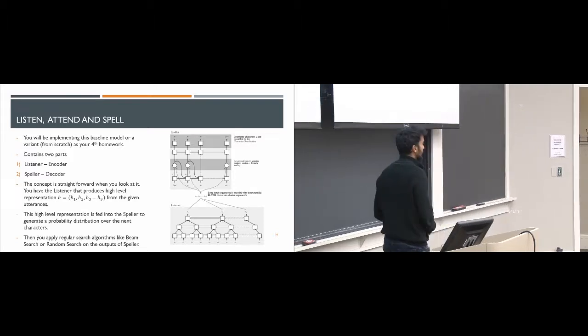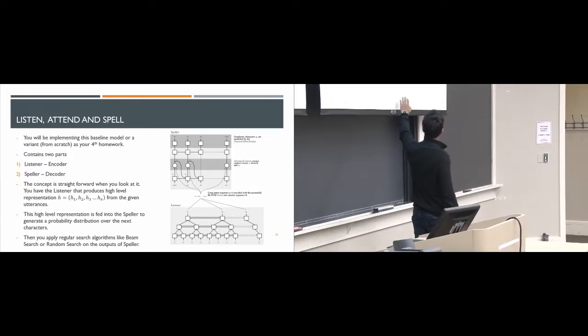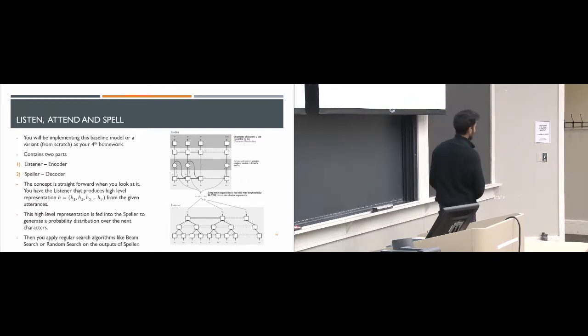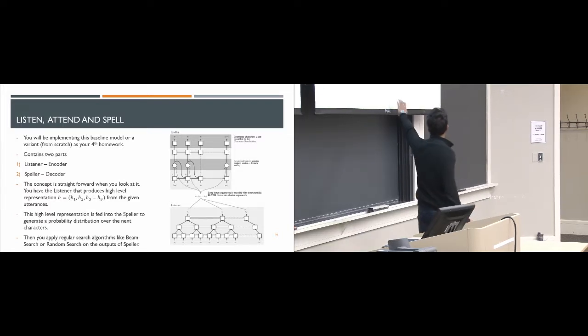So what we are doing here is taking an utterance, which is just a speech that has been processed. You push it through a pyramidal bi-LSTM network. It's just a cool way of doing it. You can swap the entire thing with a CNN, but you take the utterance, push it, and once you get the output of the first layer, you split it in half and you concatenate the two halves.